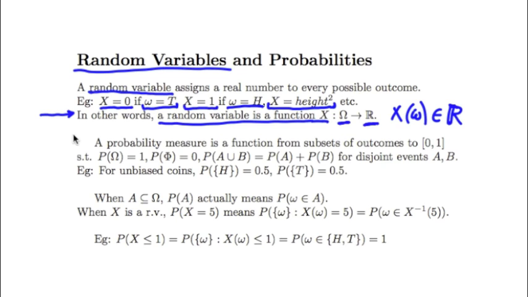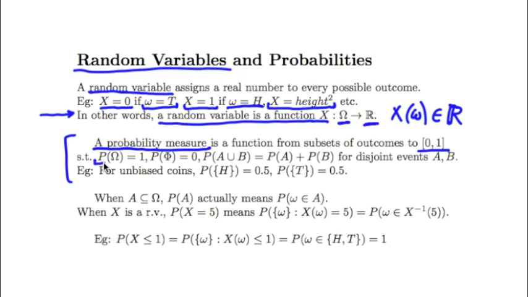Now, a probability measure. I'm not getting into the details of measure theory, but it's sufficient for you to understand maybe the high level basics for the moment. A probability measure is a function from subsets of outcomes to [0, 1] that satisfies certain properties.